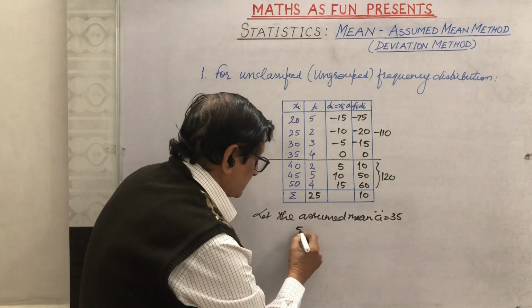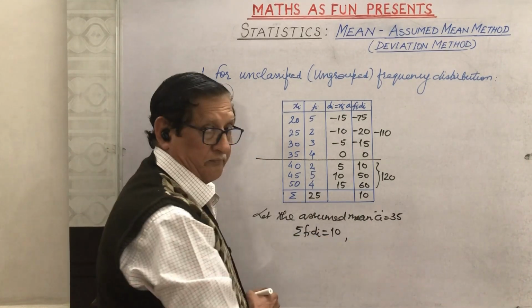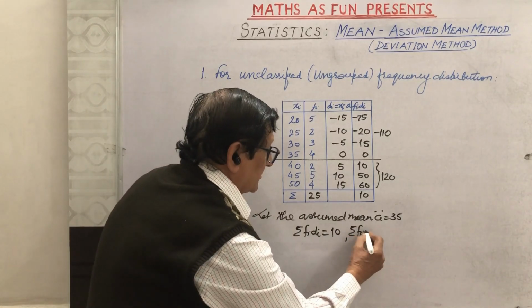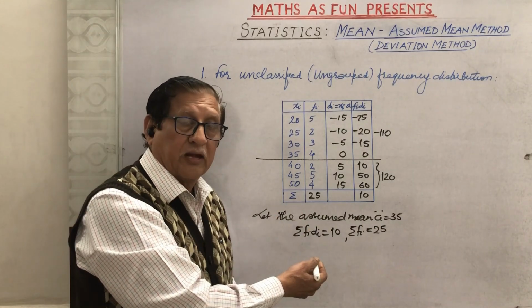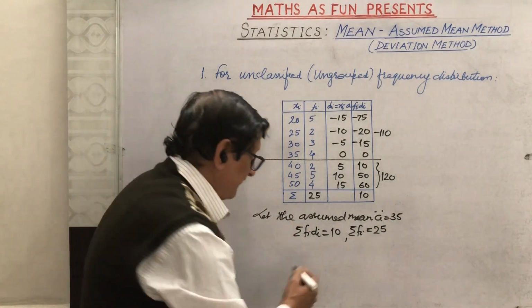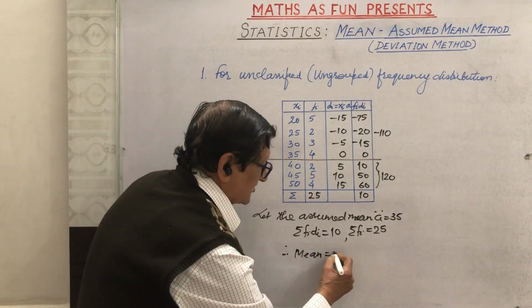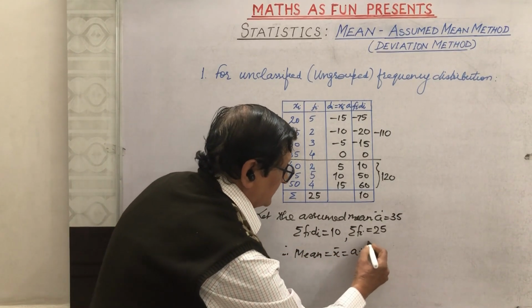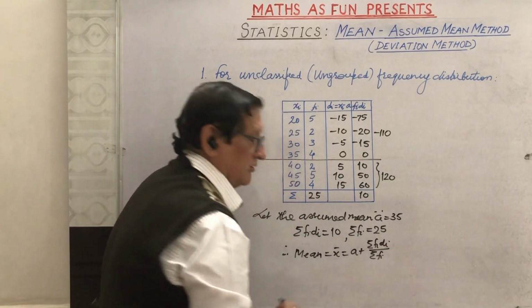So here we are getting sigma Fi di is equal to 10 and sigma Fi, that is sum of frequencies, is equal to 25, which is representing n, the number of data. And then we find the mean. Therefore mean is equal to x bar, and that is a plus sigma Fi di upon sigma Fi.